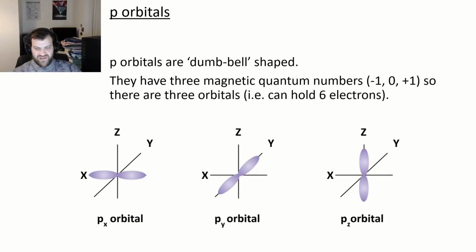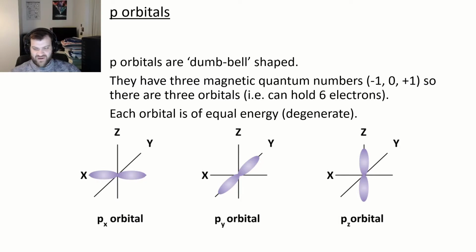Because we've got 3 potential magnetic quantum numbers, that means there's 3 types of p orbital. In total, this can hold 6 electrons, so 2 in each of these orbitals. Each of these orbitals has the same energy associated with it, and those can be termed as being degenerate.